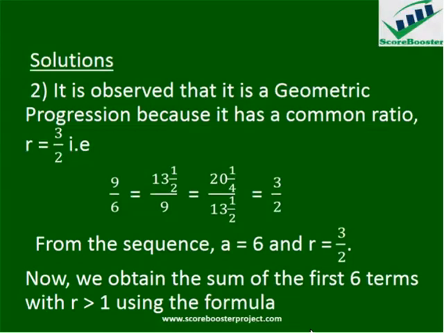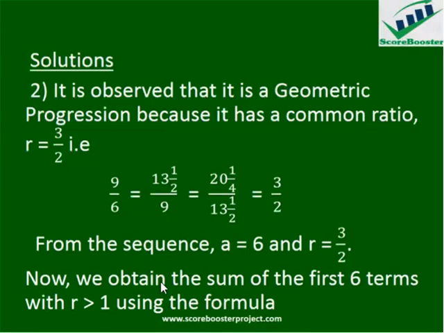To check if it is a geometric progression, we check if it has a unique common ratio. That is, if we divide the second term by the first term, it must be equal to dividing the third term by the second term, which must all be equal to dividing the fourth term by the third term.